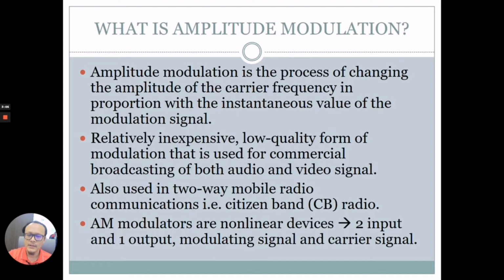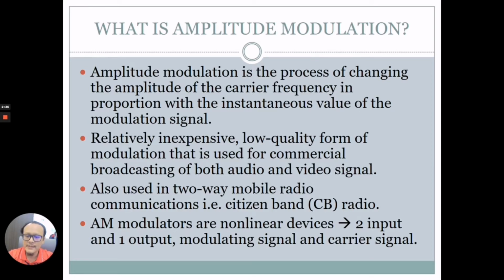So here we're going to look at amplitude modulation. There are other modulations, for example, frequency modulation and phase shift modulation, but here we're going to focus on amplitude modulation. Amplitude modulation is the process of changing the amplitude of the carrier frequency in proportion with the instantaneous value of the modulating signal.